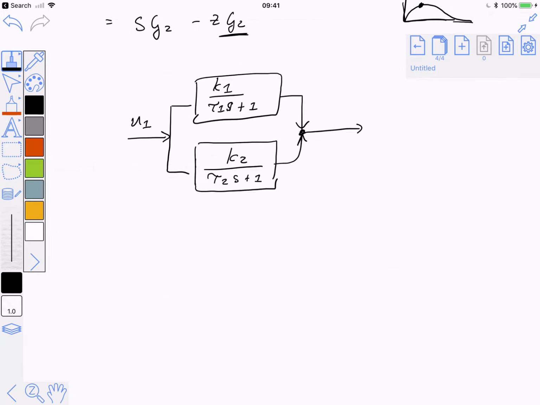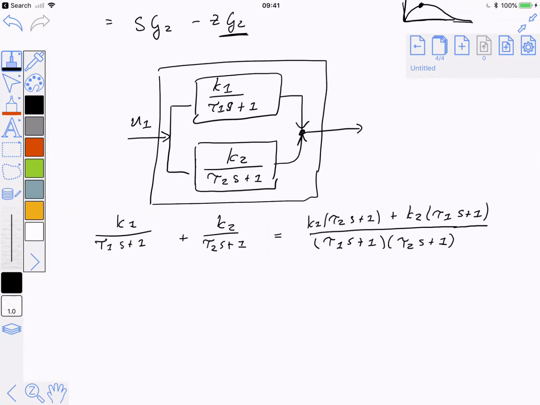If I simplify that, I end up with a numerator of (k1 tau 2 plus k2 tau 1) s plus k1 plus k2.